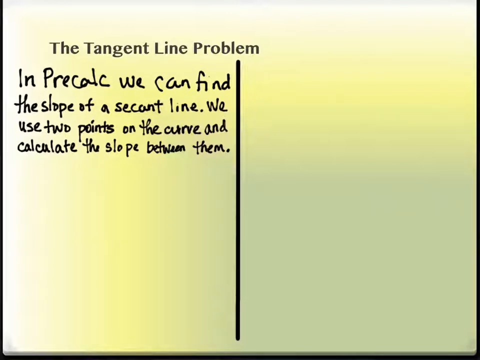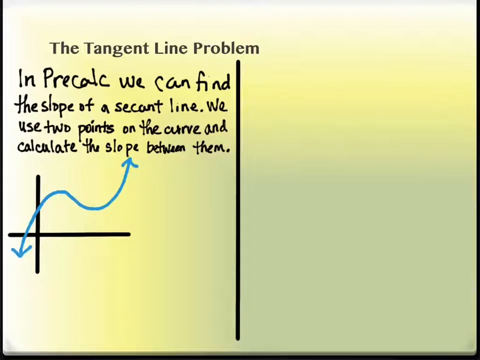So for example, we had this curve, and we took this point, and we took this point, just two random points. We could connect them with a line segment or a line. All right, and we could calculate the slope of this line.